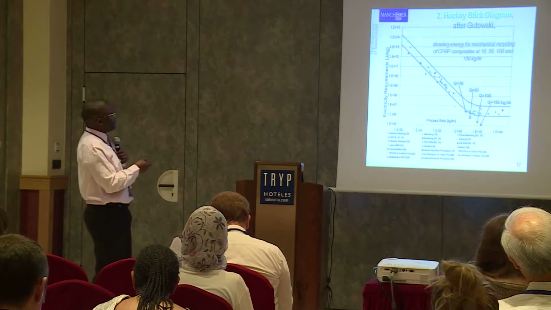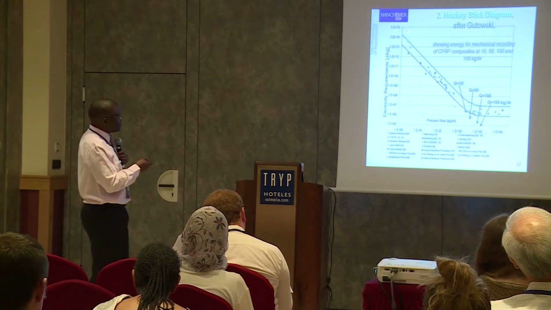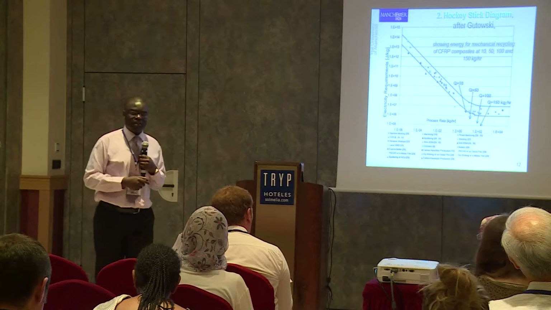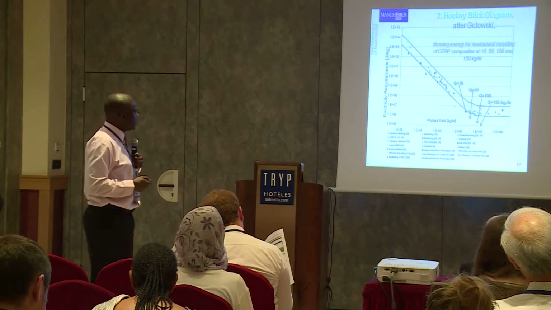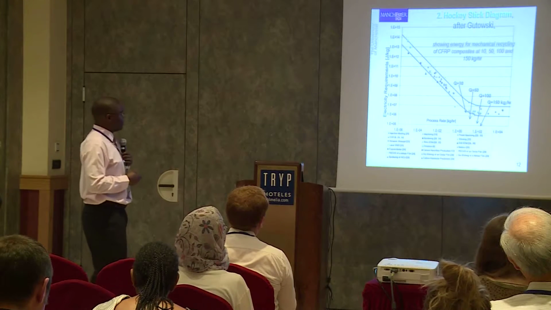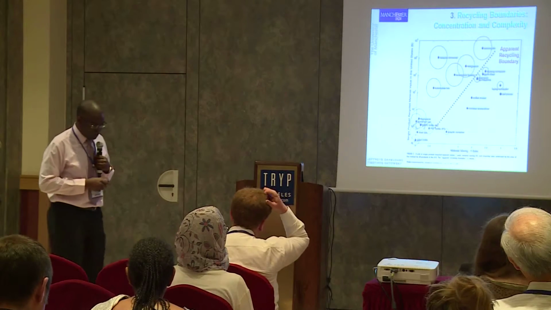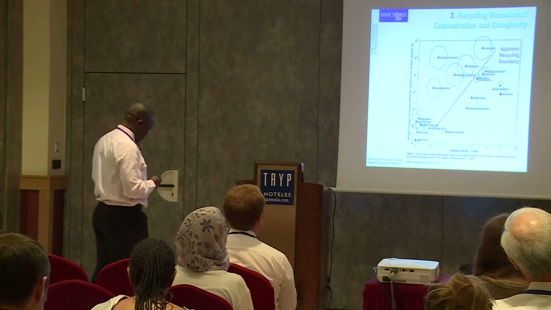Other processes are very much energy intensive. Unfortunately, it tends to be the new processes that are more energy intensive. So we're trying to understand this so that we do not end up developing processes we describe as innovative but not good for the environment. So that's one factor, that some processes are more energy intensive than others.